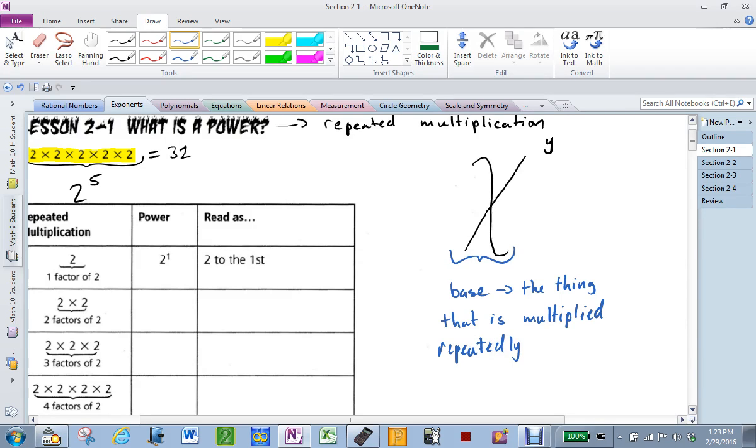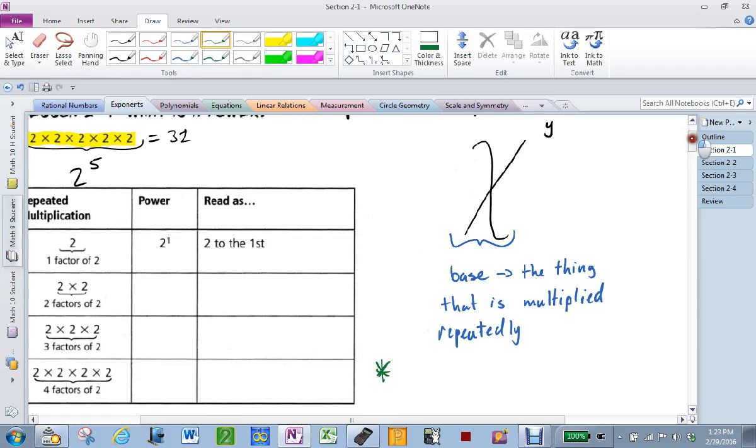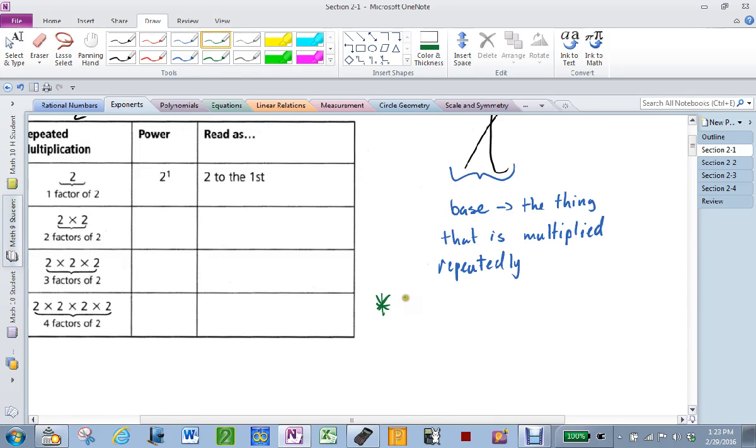All right? Now the thing to remember about bases, and I'm going to put a star here so you really remember it, is the base is only the item directly.